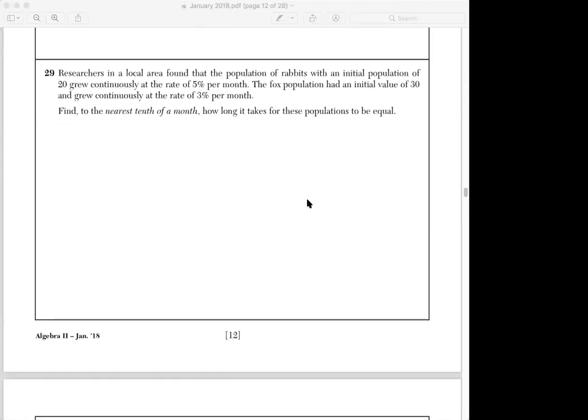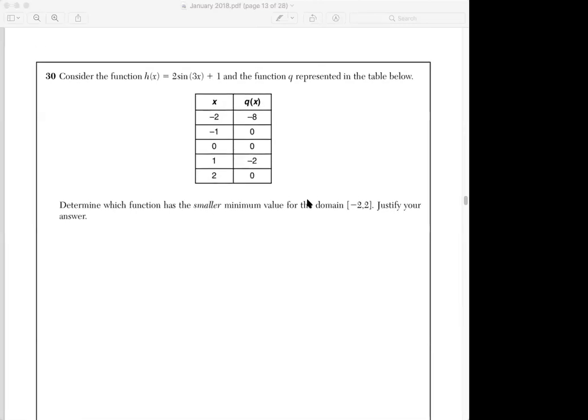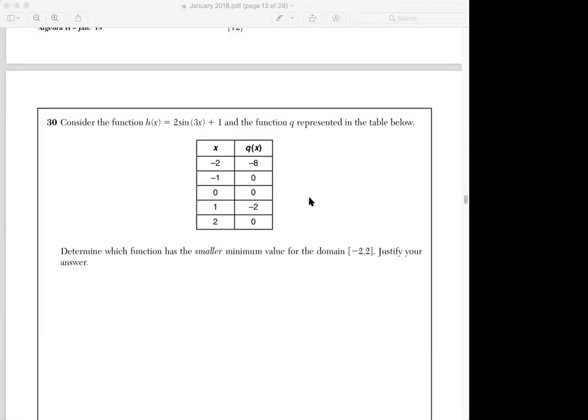And that's the answer. Not going to do 29. Okay, so this is an average rate of change one. Just know that. Average rate of change.